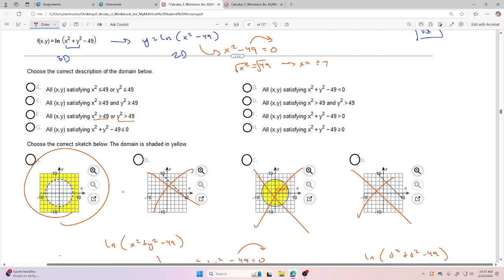If you separate them like this, what is the shape going to look like? I'm guessing here that it's a square or rectangle, because you're independently working each variable. The x's are working on their own, the y's are working on their own. So I'm thinking that would be a square.